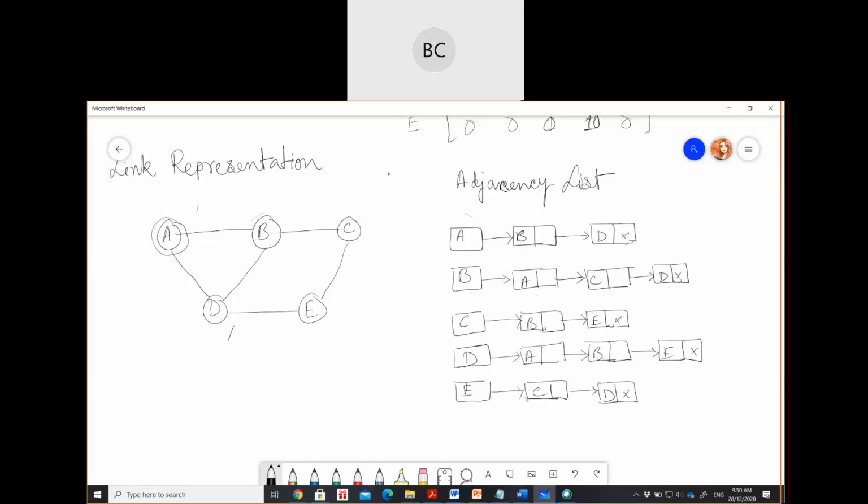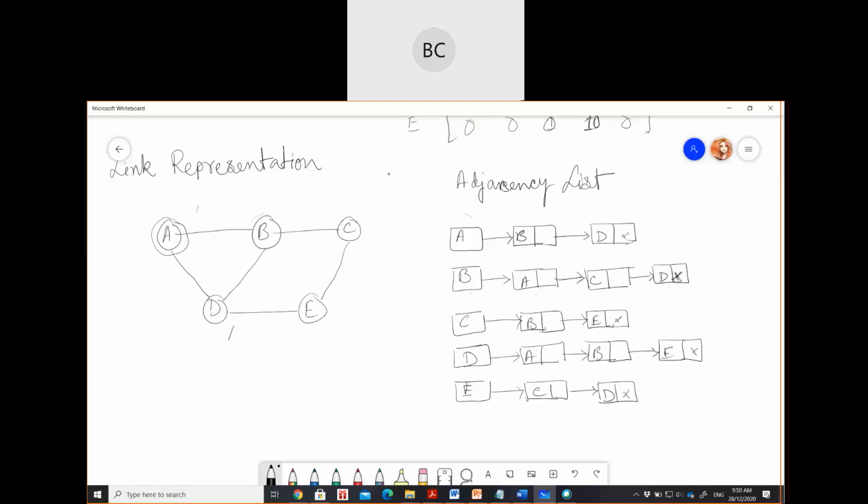Here I have written A, C, D. You can also write C, A, D or D, A, C. The sequence doesn't matter. From B, the three adjacent nodes are A, D, and C. When all the nodes are traversed, for the last node you put a cross in the pointer, because after that there are no unvisited nodes from B.